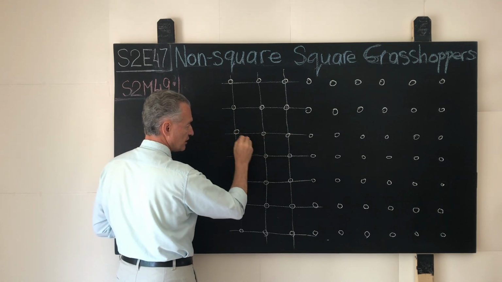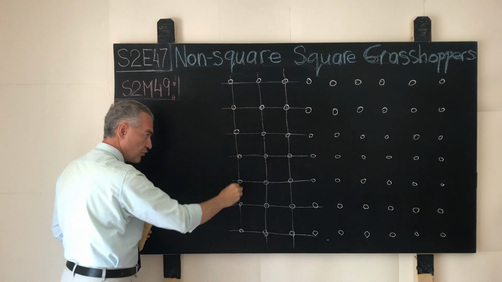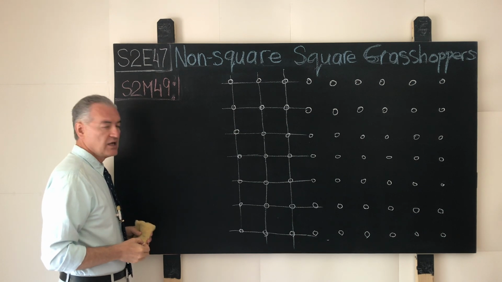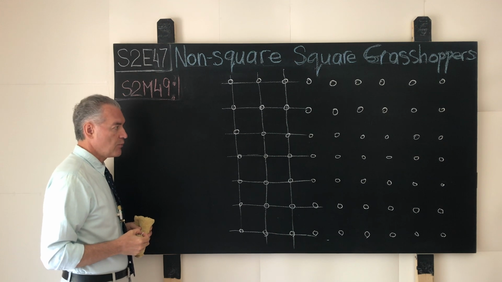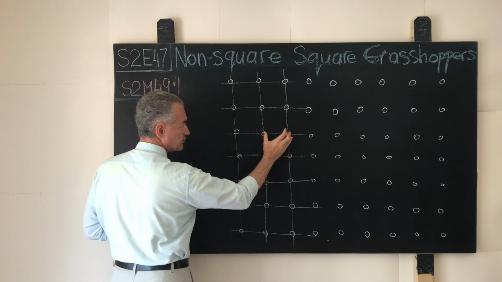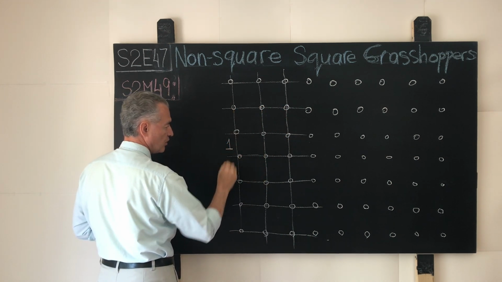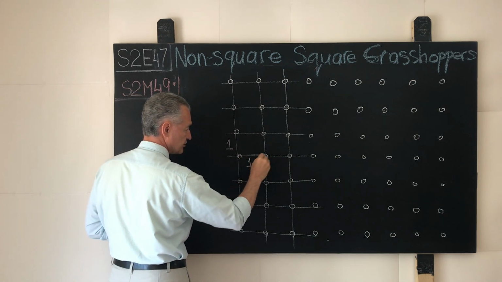Each such straight line is perpendicular to every straight line from the vertical family of parallel straight lines, and evidently both families of straight lines are spaced apart, or any two immediate neighbors in each family are spaced apart by precisely 1 unit of distance. So 1 unit of distance vertically, 1 unit of distance horizontally.